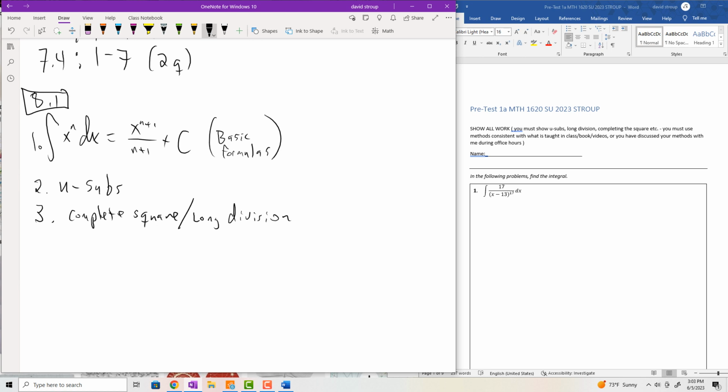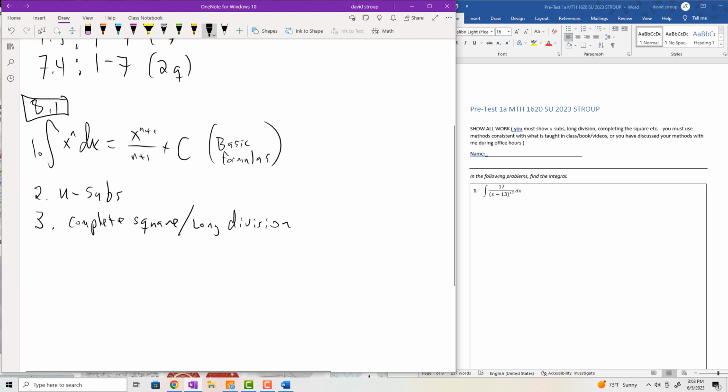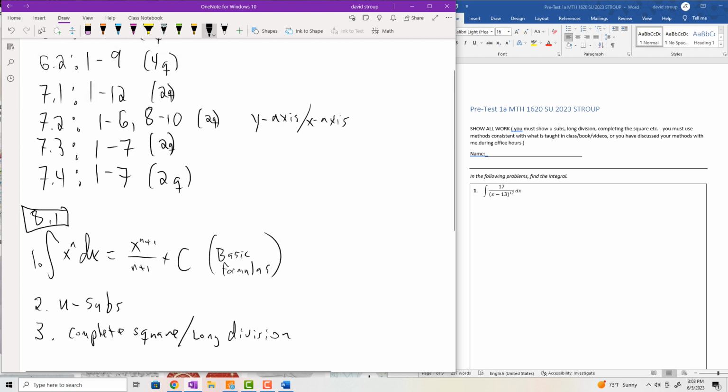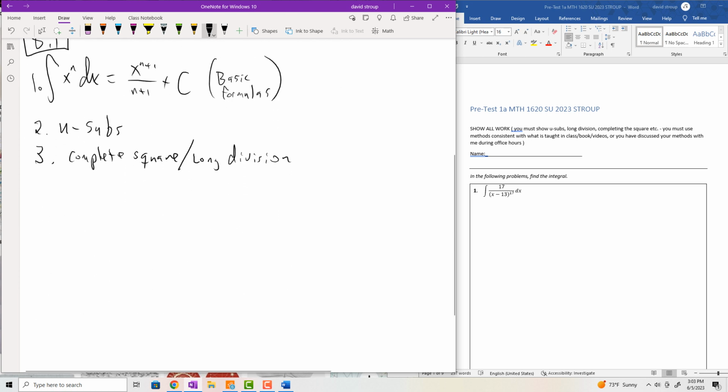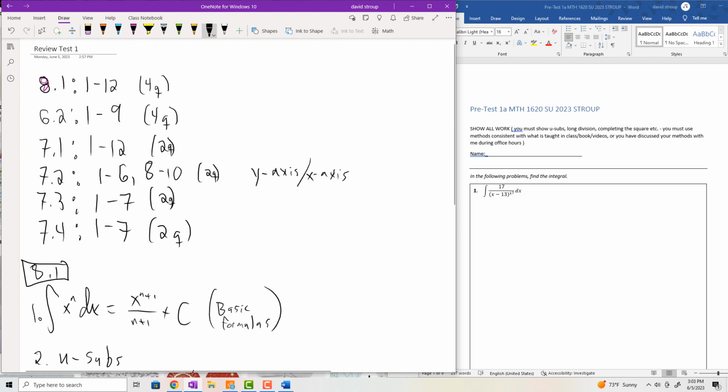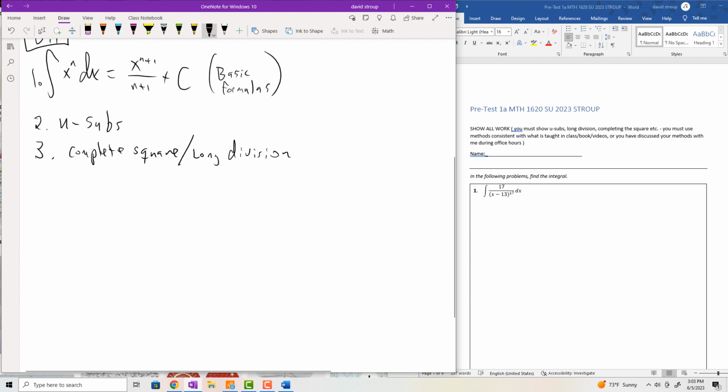You should be able to do any of those types of transformations and anything you would need for questions like 1 to 12 in WebAssign.